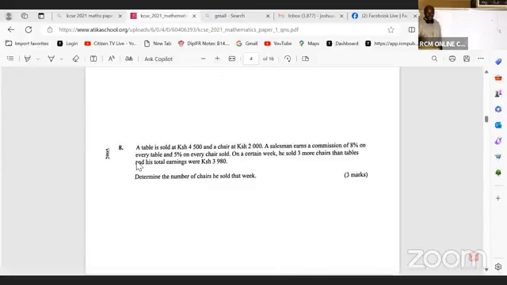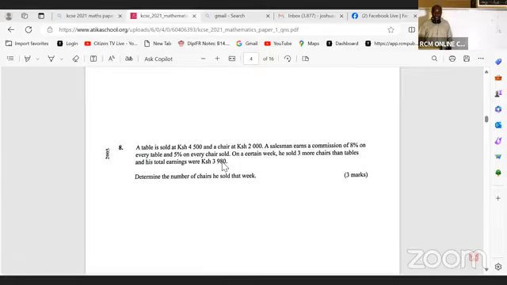All right. So you're told here a table is sold at Kenya shillings 4,500 and a chair at Kenya shillings 2,000. A salesman earns a commission of 8% on every table and 5% on every chair sold. In a certain week, he sold 3 more chairs than tables, and he earned a total commission of 39.80.